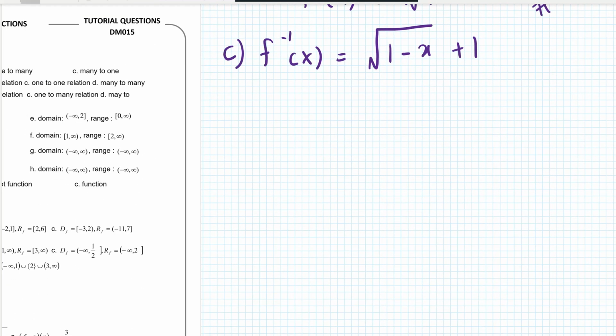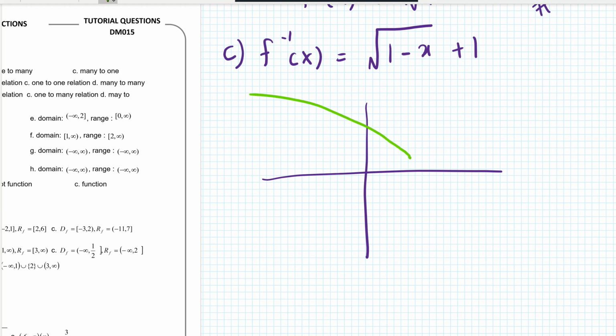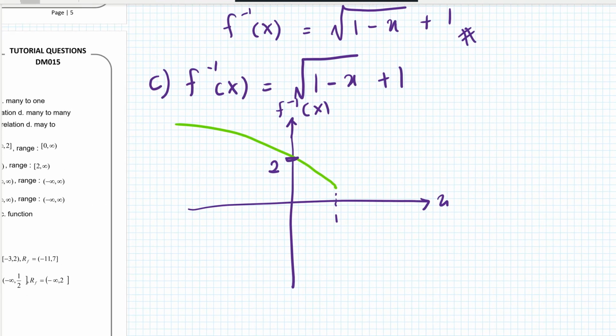So if we draw, our graph should start from here until this one. This is f inverse and this is your x. For the y-intercept we have 2, and we don't have any x-intercept.